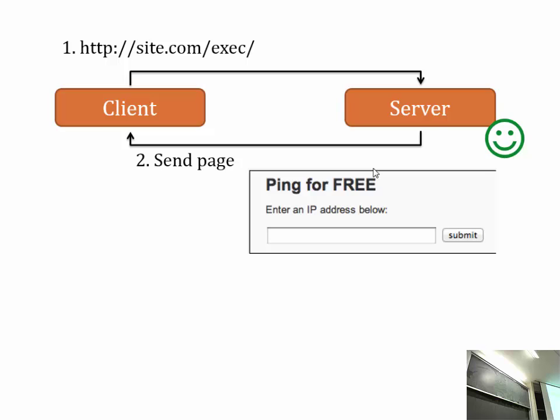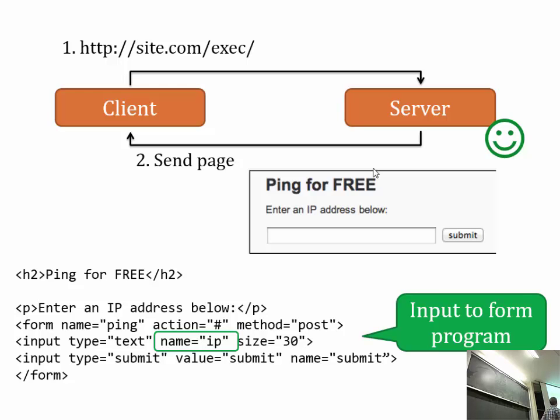So suppose you have a ping for free application, like for instance, your routers, your gateways at home for your internet. They usually have a ping feature. Now, how would that be implemented? Well, on this website over here, it's probably going to have some HTML form that looks kind of like this. You enter an IP address below, you create a form, and in this form you have two fields. One of them is a text field for IP, and the other one is a submit button.